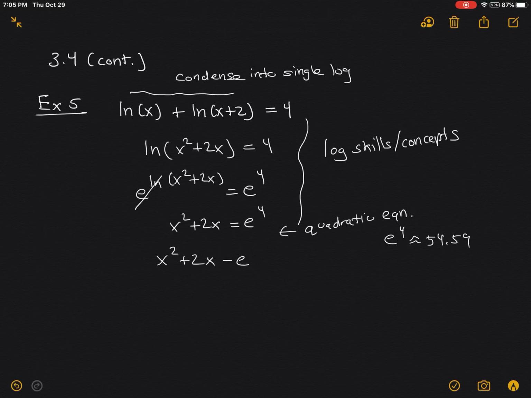And so you have x squared plus 2x minus e to the fourth. So can I just write 54.59? Isn't that what the number is? Yeah, but remember, the problem asks us to find the exact solution. So you cannot use 54.59. I just want to show you e to the fourth is a number.